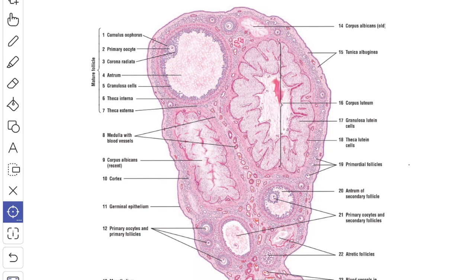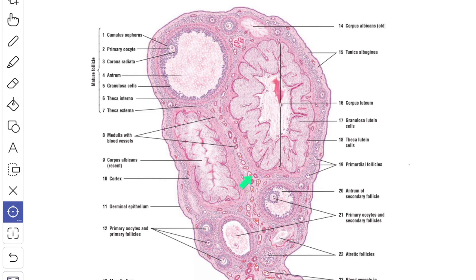So here you can see the primary follicles with the primary oocyte, and here you can see the secondary follicles, and this is the mature follicle, and this is the corpus luteum after shedding the mature follicle, and this is the corpus albicans, and these are the atretic follicles.